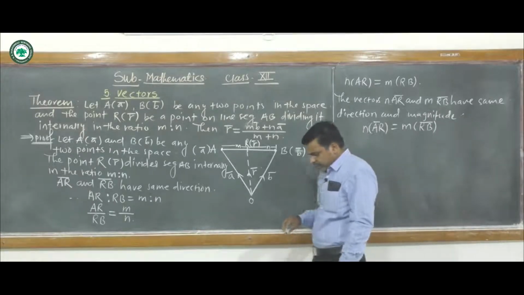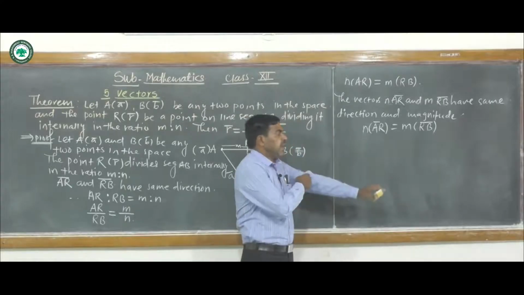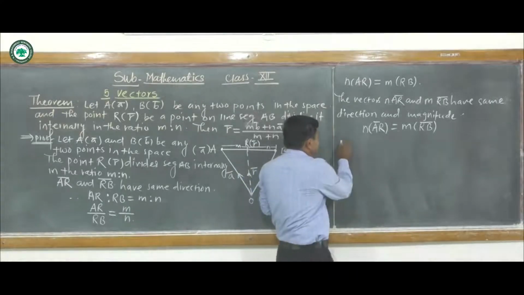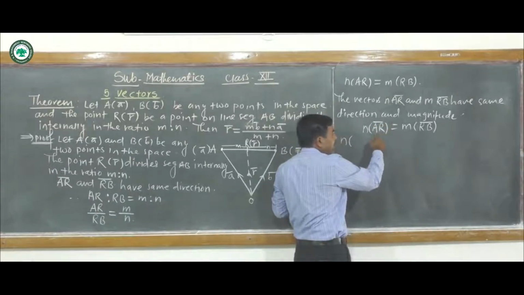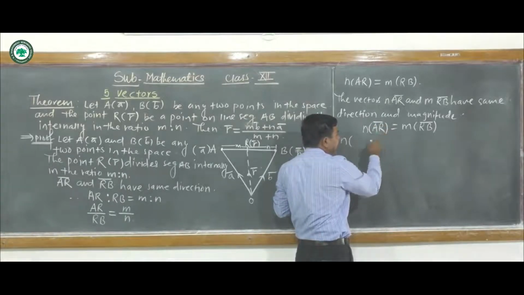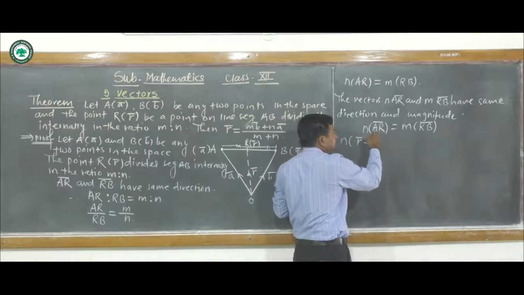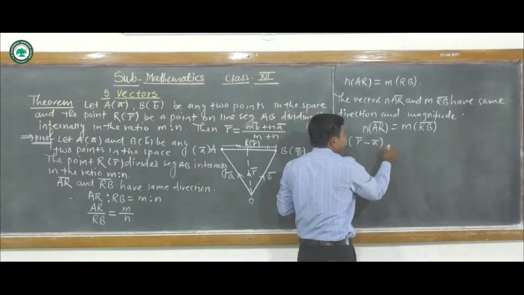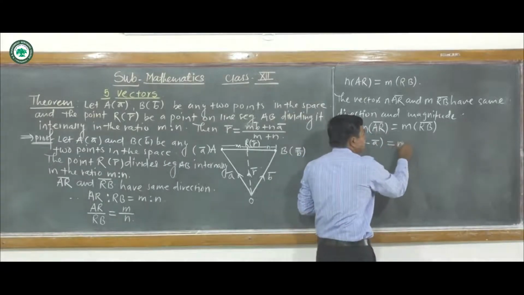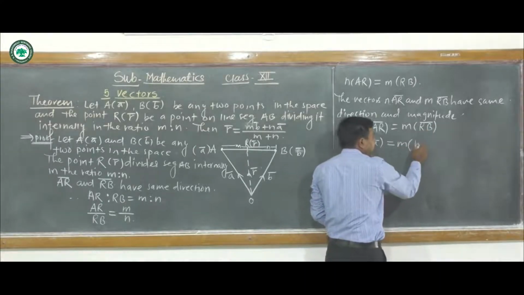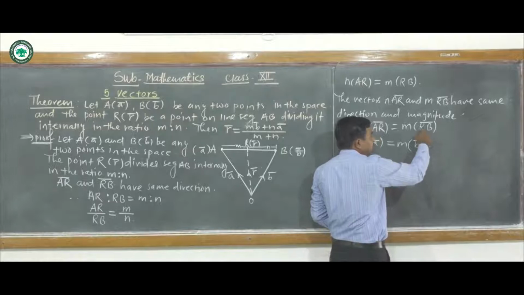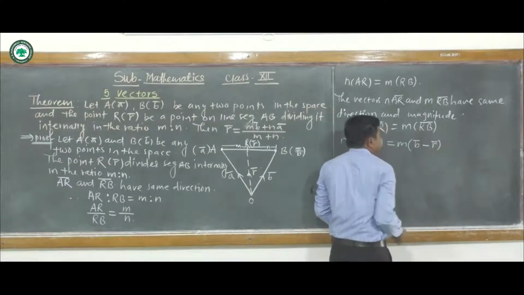Now by using the definition of position vector, n into AR bar, in the form of position vector, AR bar is nothing but the position vector of the point R, that is R bar, minus the position vector of the point A, that is A bar. It is equal to m into RB bar, that is the position vector of the point B, that is B bar, minus the position vector of the point R, that is R bar.